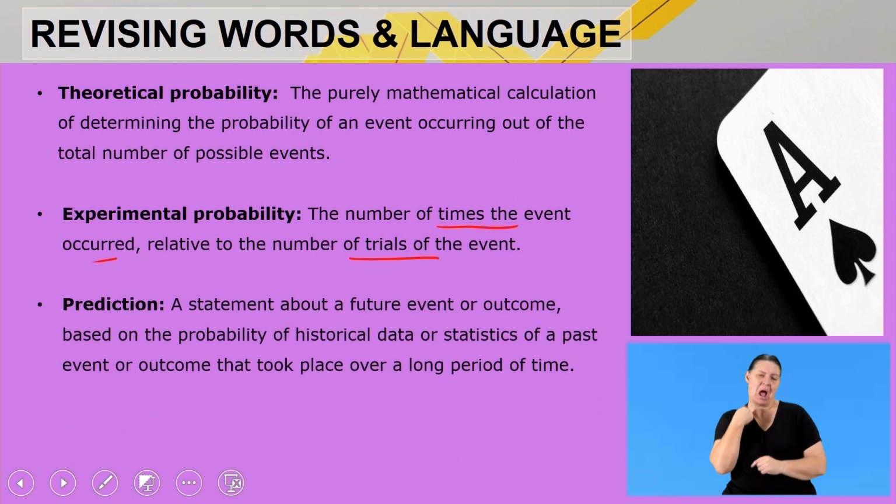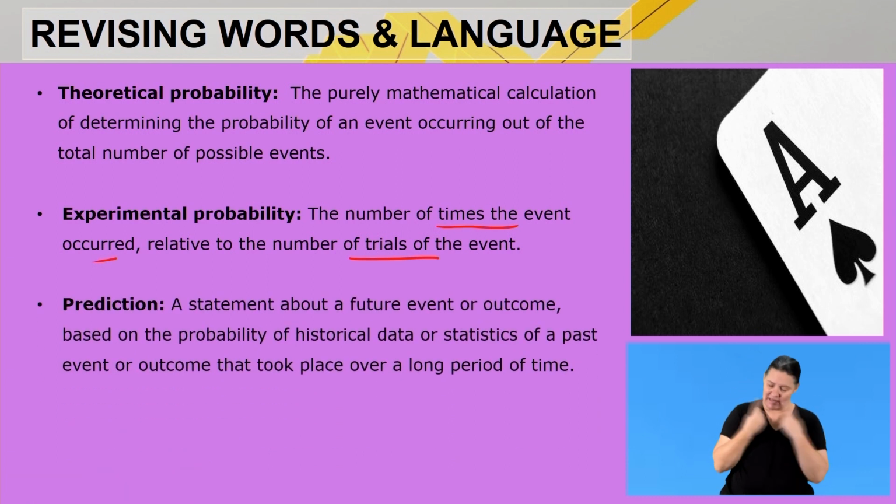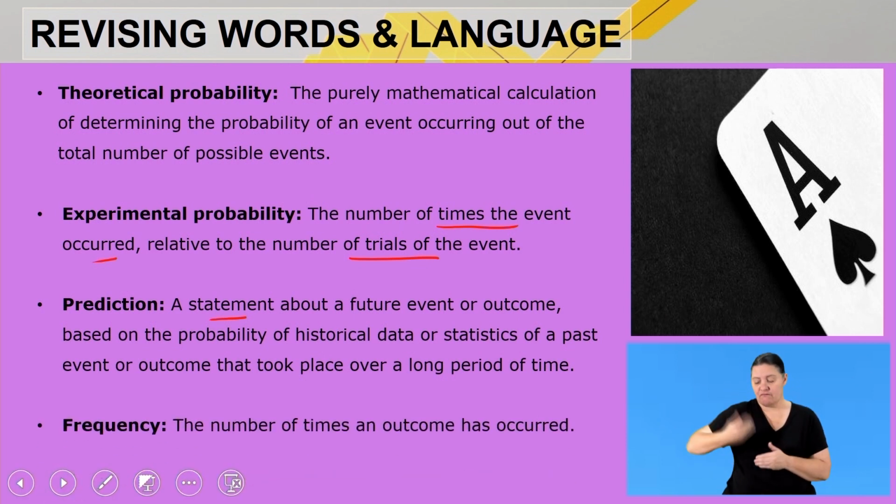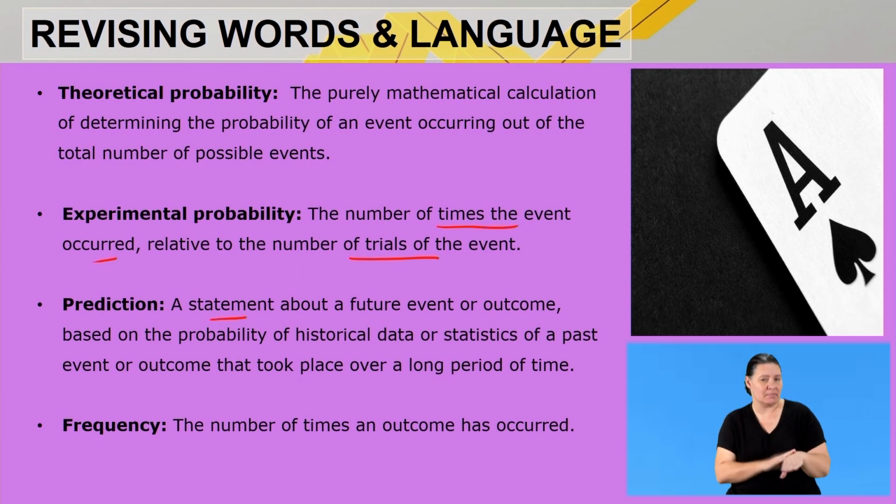Then, a prediction. So what is a prediction? It is a statement about a future event or outcome based on the probability of historical data or statistics of a past event or outcome that took place over a long period of time. Then I also indicated here that frequency is the number of times an outcome has occurred.